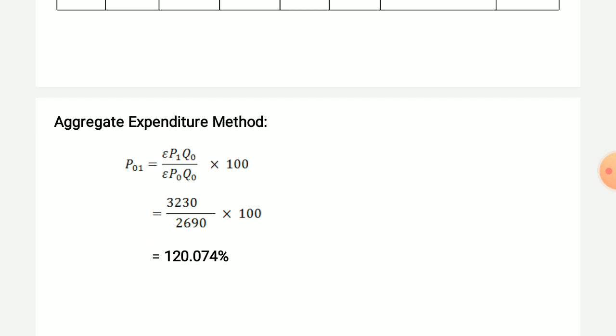This is what the index number is according to the aggregate expenditure method. And this means that in the current year the prices of all the commodities have increased by 20.074% when compared to the last year.